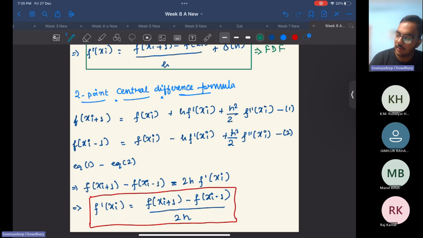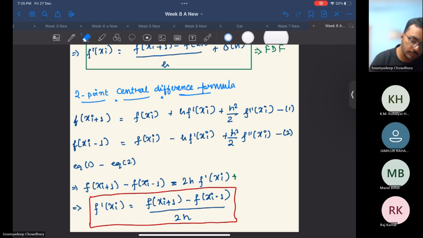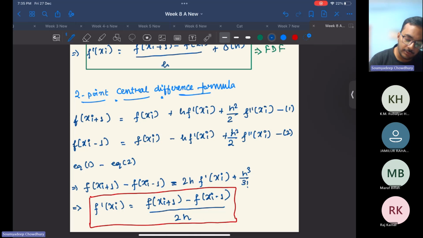If we include the error term, here it will be h cube by 3 factorial. The first one we take two random points xi and eta. So it will be f triple dash of xi minus f triple dash of eta.